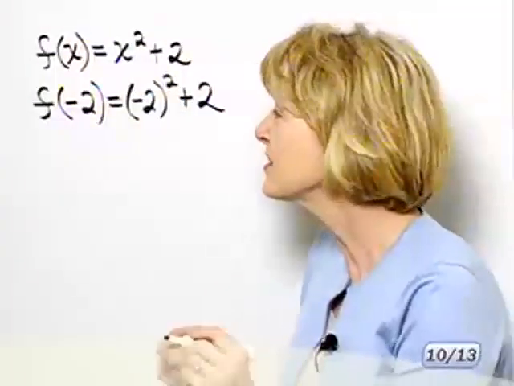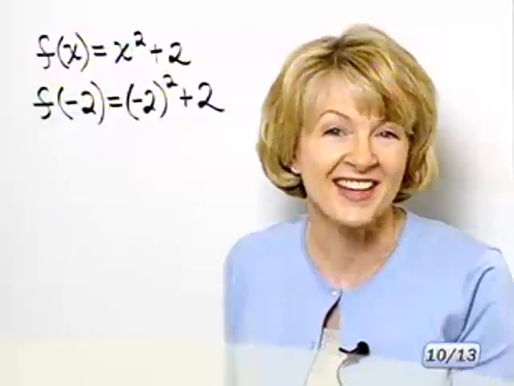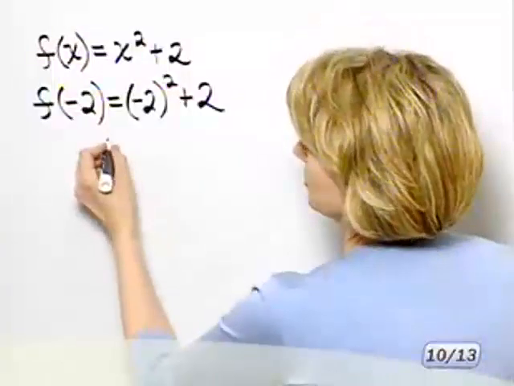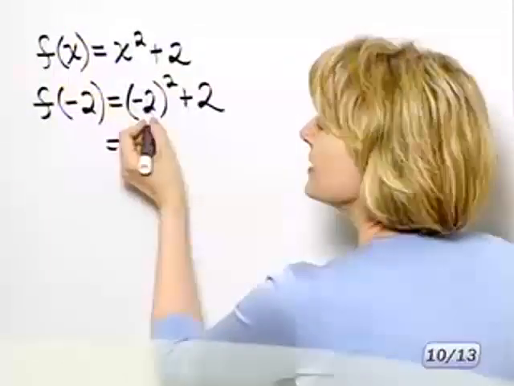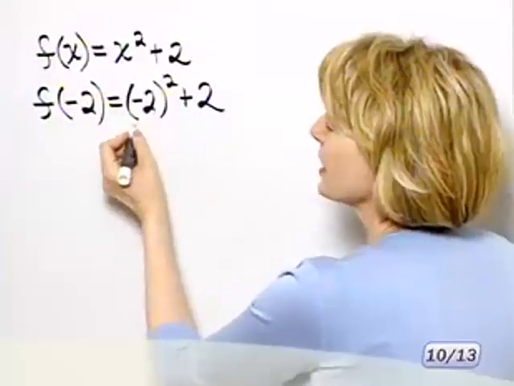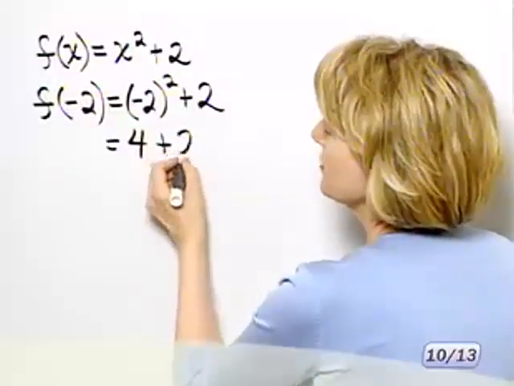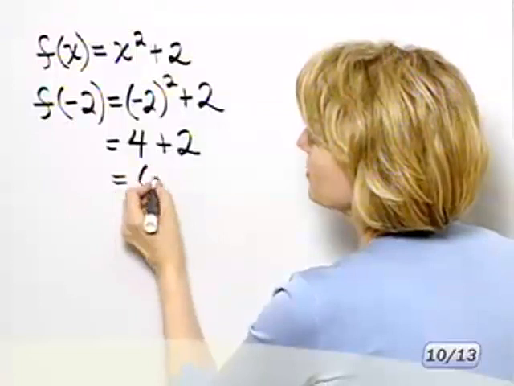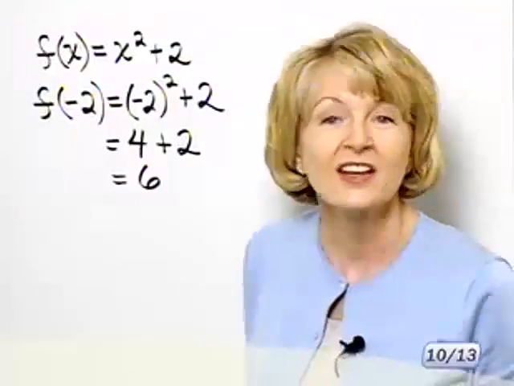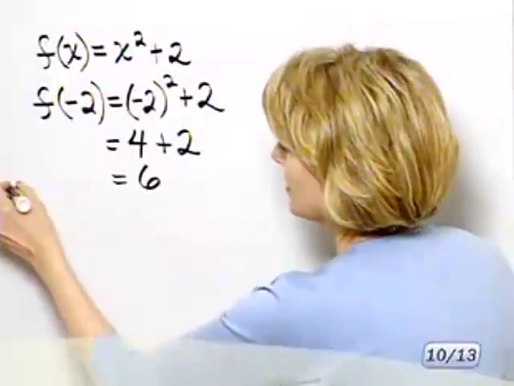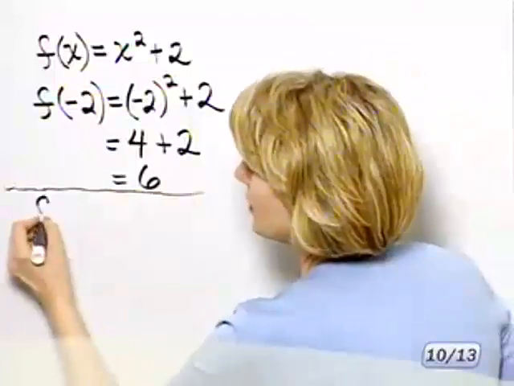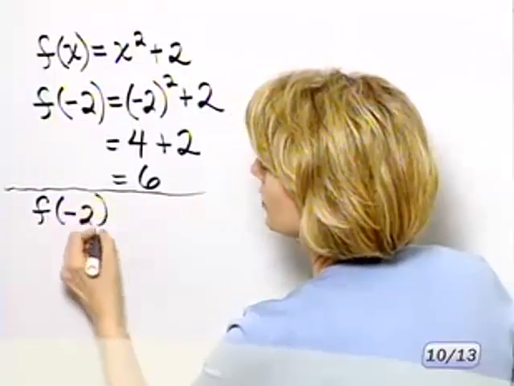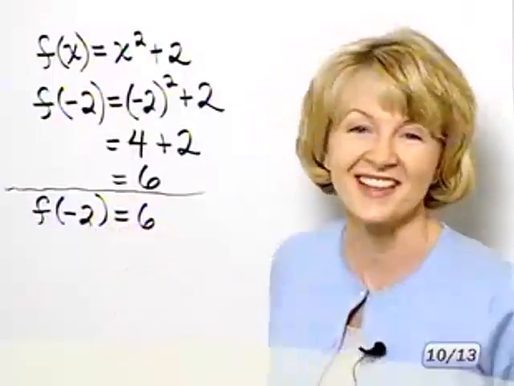I am finding the value of the function at -2. So let's evaluate on the right side. -2 squared, that's -2 times -2, which is +4, and then 4 plus 2 is 6. So it is true that f of -2 is equal to 6.